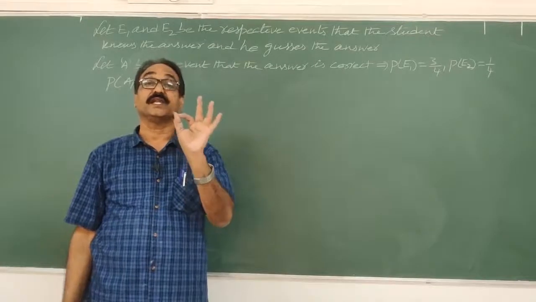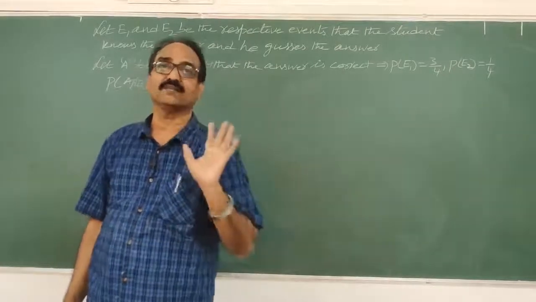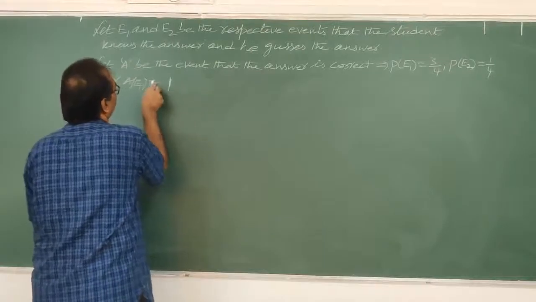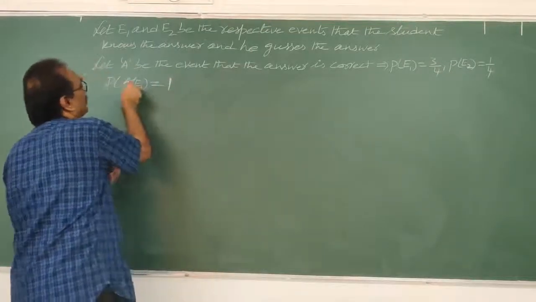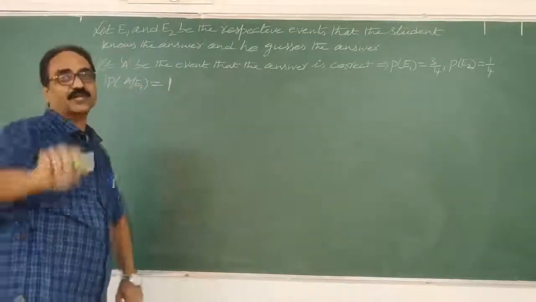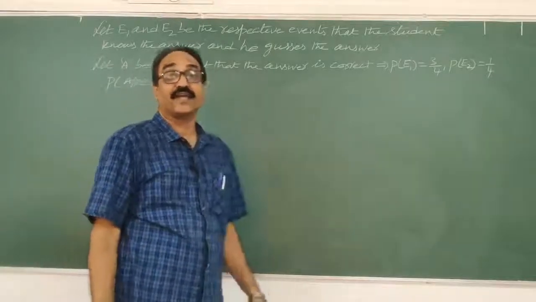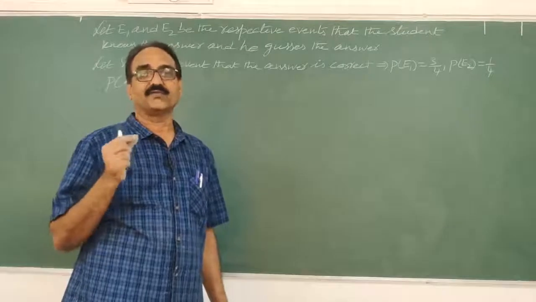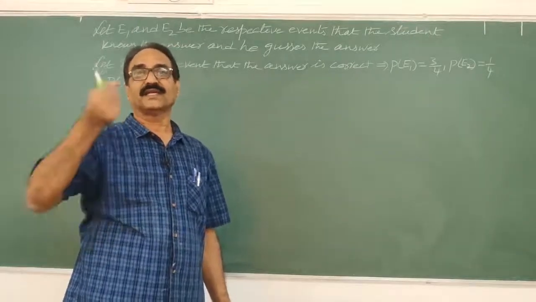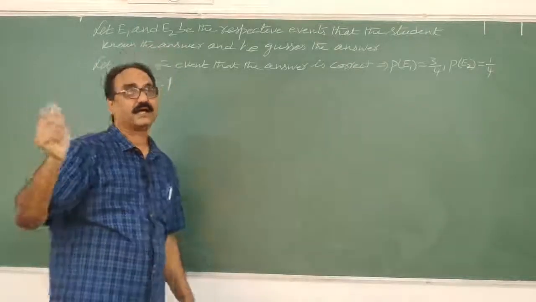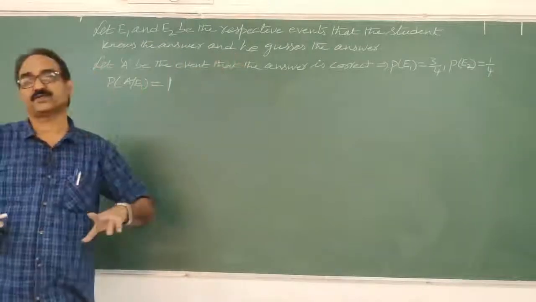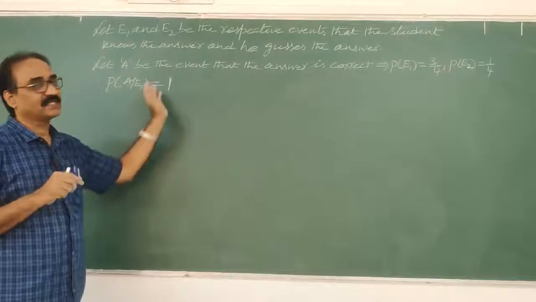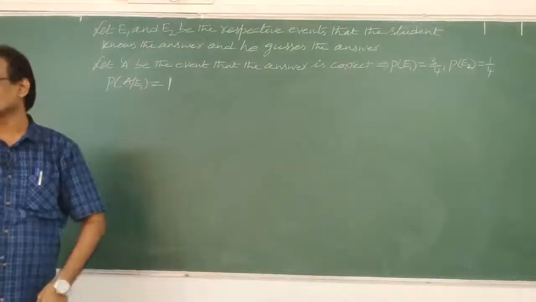Probability of certainty means 1, my dear students. So the probability of A given E1 is equal to 1. I am not explaining this, I am only expanding it. If you need, you can expand it also.